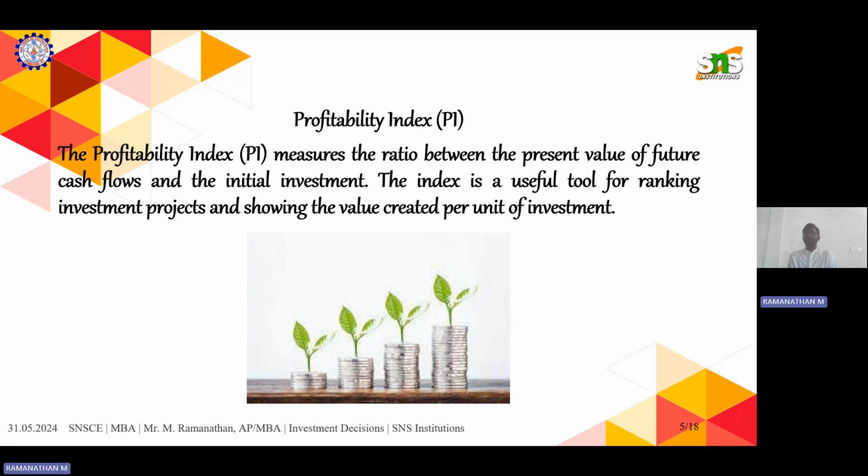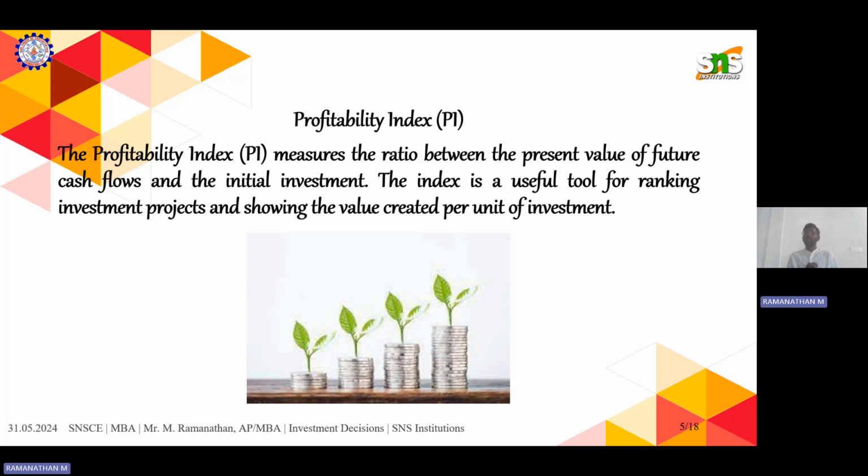So what is profitability index? If I am investing 10 lakh rupees over a year and I take out 20 lakh, then my profitability index will be 2. It is just how much I am taking out of it divided by my investment amount.